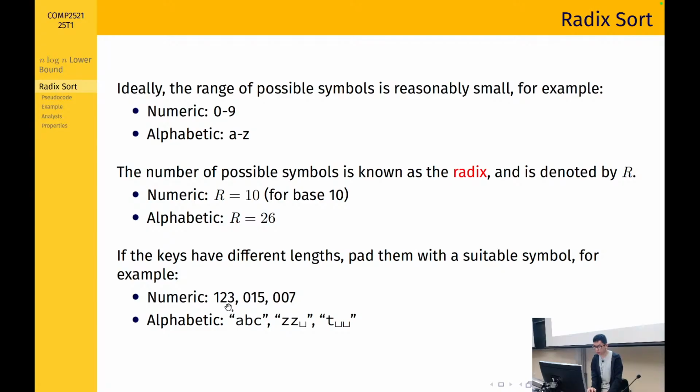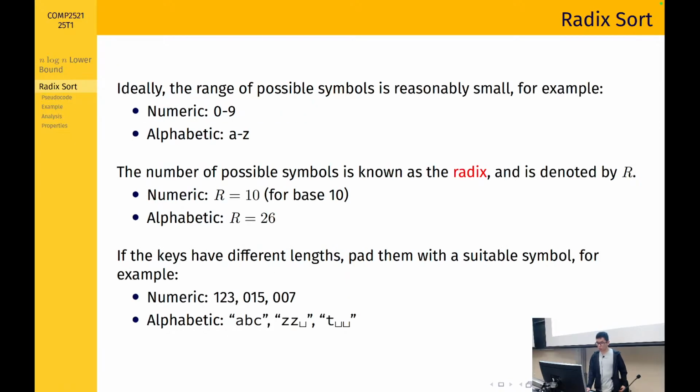For numeric keys, you would want to pad the keys with a 0, but you want to put the zeros at the beginning. If you're dealing with alphabetic keys, then you want to pad them with a blank symbol, but you want to add the padding to the end of the key, because you want to retain alphabetical order.